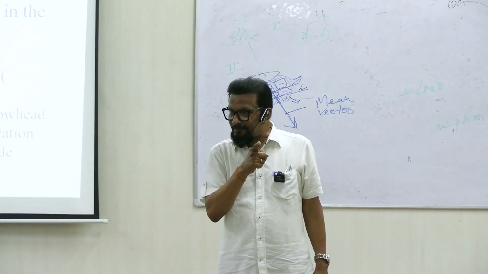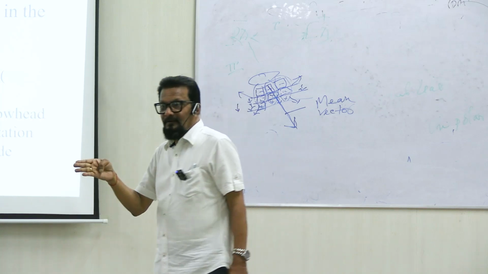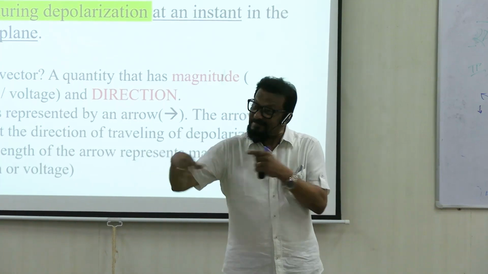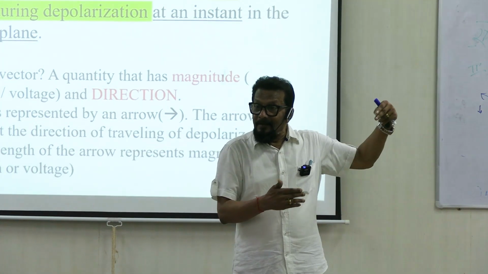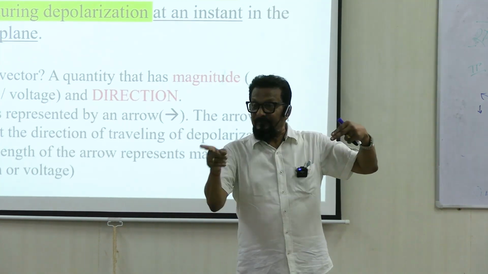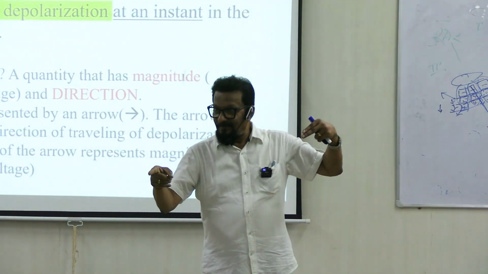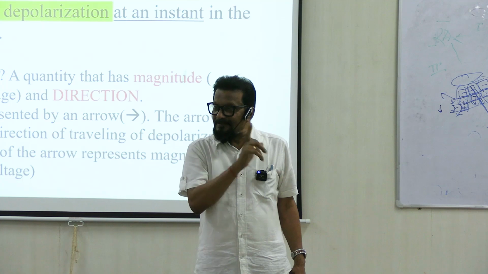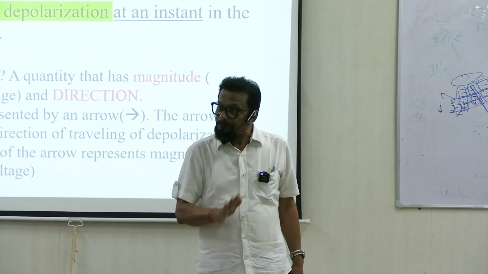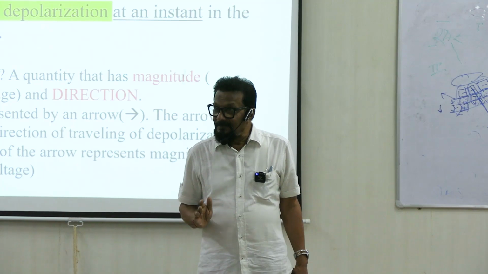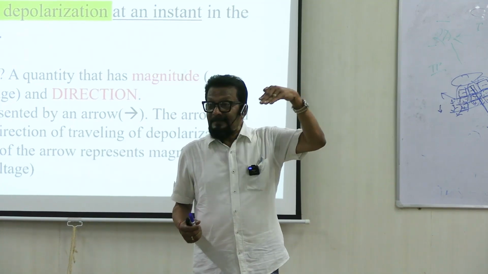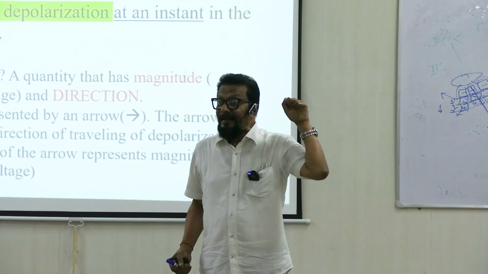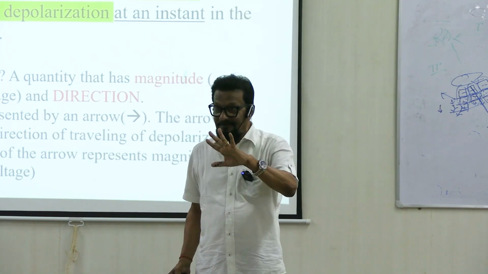So the flow of cardiac impulse, flow of current, flow of depolarization wave, or flow of EMF, electromotive force, is the same thing, flowing from the base of the heart towards the apex of the heart. The vector indicates the direction of the flow of current in the heart.